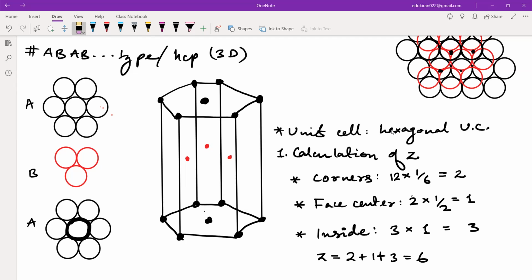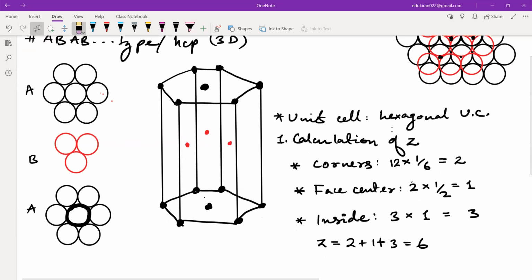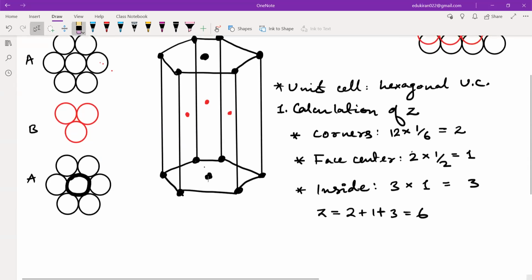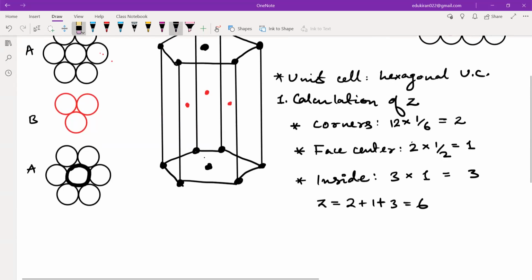That means if you look from downward, it will look like this black atom is sitting on these 3 red atoms. So now it is touching 6 in one layer and 3 in the above layer, right? Similarly, after this A layer, there will again be a B layer, in which we will again have these 3 red atoms, and this black atom will also be touching these 3 red atoms.